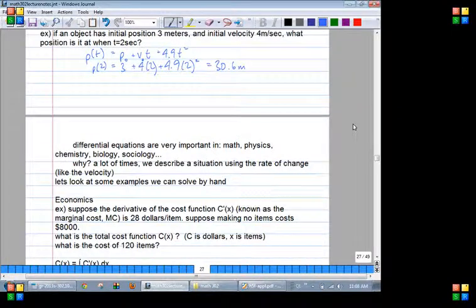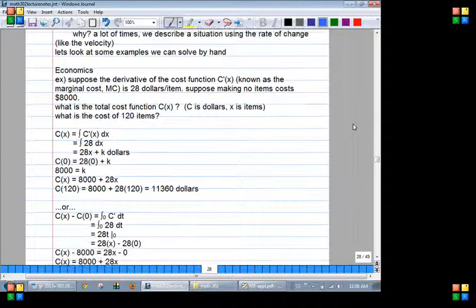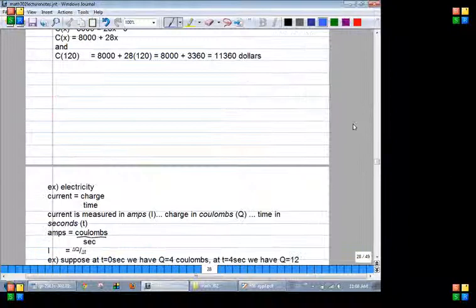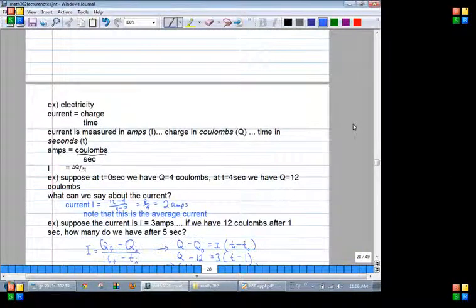We talked about this in the context of economics. If you have a cost function, the derivative of the cost function is something called the marginal cost. In electricity, if you're measuring an amount of charge, the rate for that is called the current. And again, rate is basically the same thing as saying derivative.